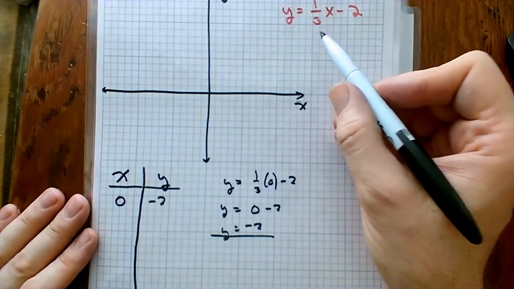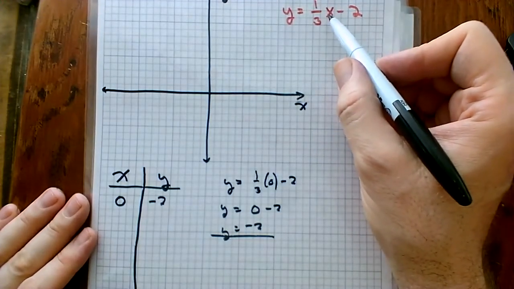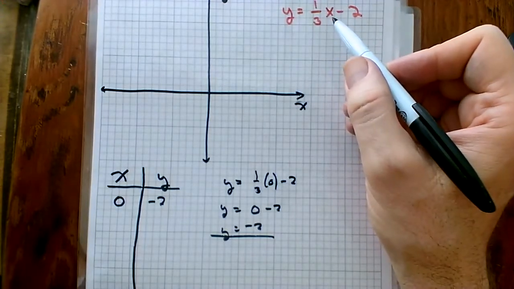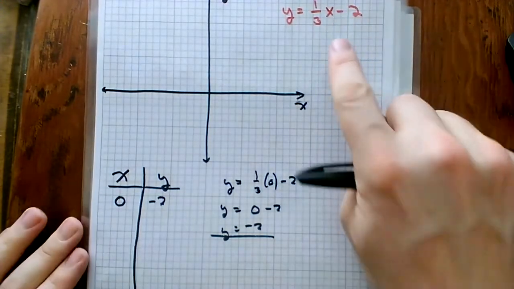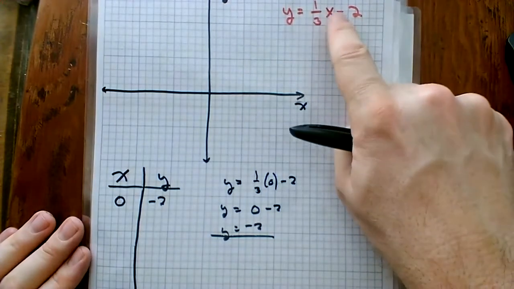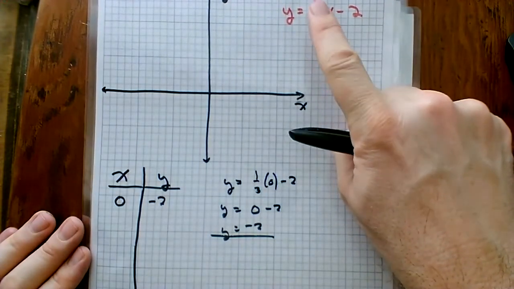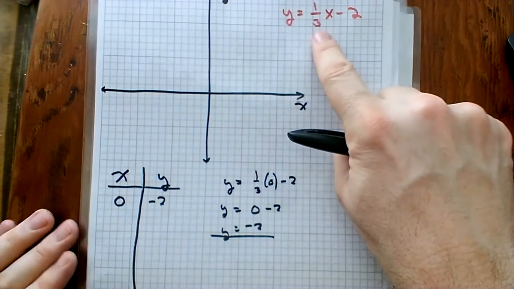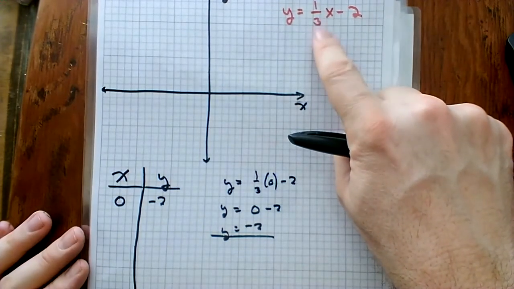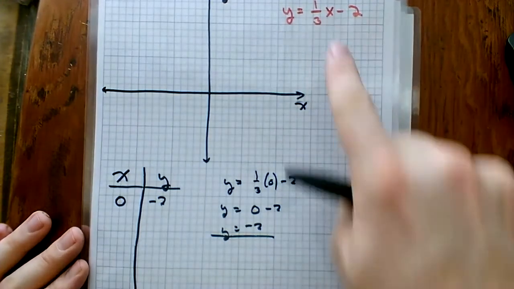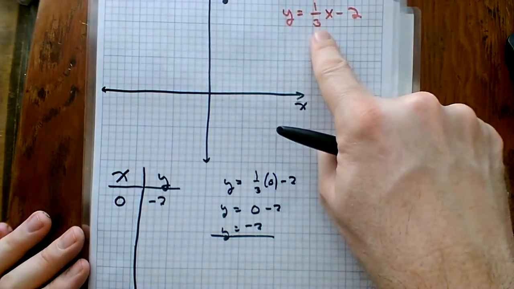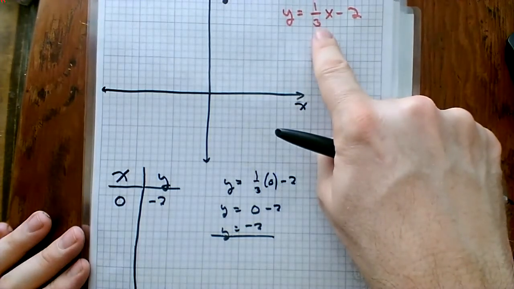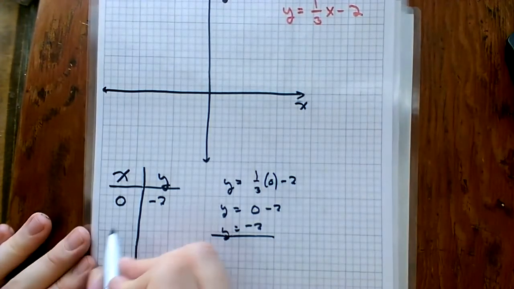Because I get to choose what values of x we're plugging in, I'm going to choose something that will cancel out with that denominator. In order to do that, I will choose multiples of that denominator. So here, as long as I choose a multiple of 3, this is going to come out to be a whole number. And let's show you what that looks like.